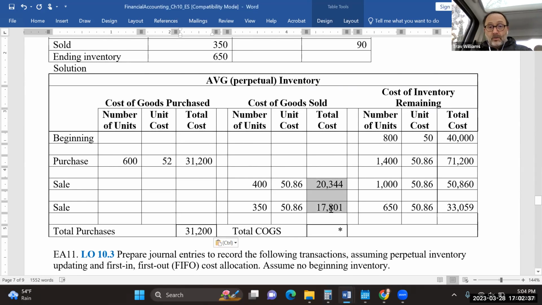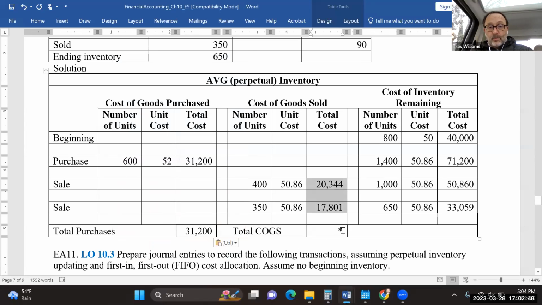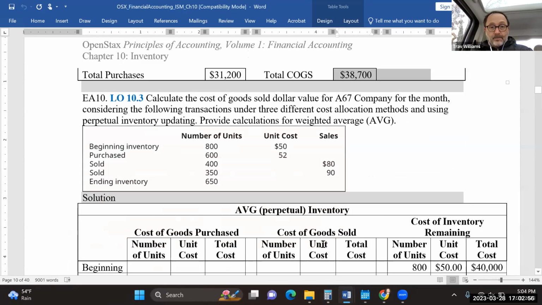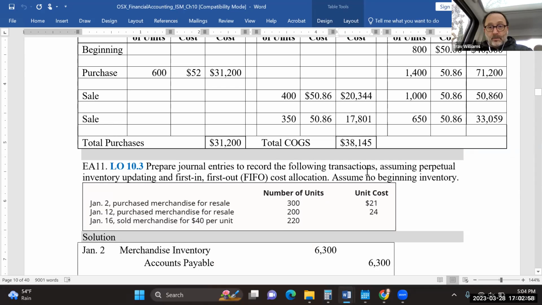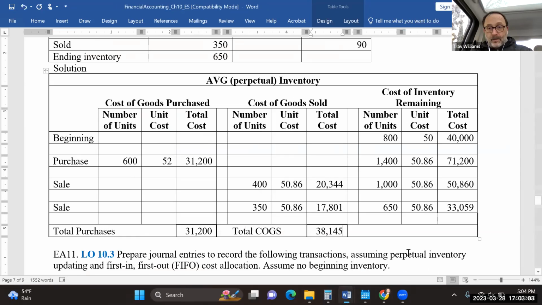Our cost of goods sold is $38,145. Okay, so let's see. 38,145 and yep, 33,059. So that came out right. So that is how you use the weighted average method with perpetual inventory.